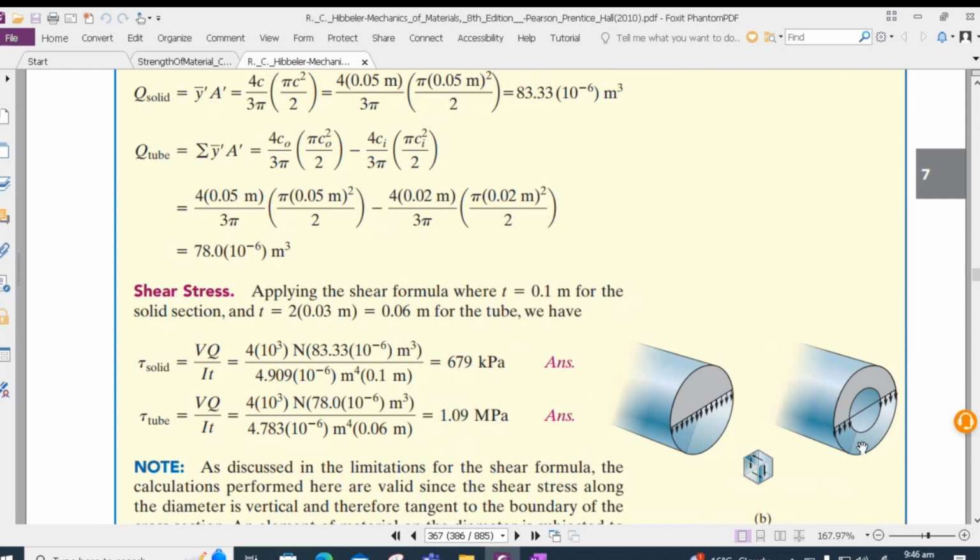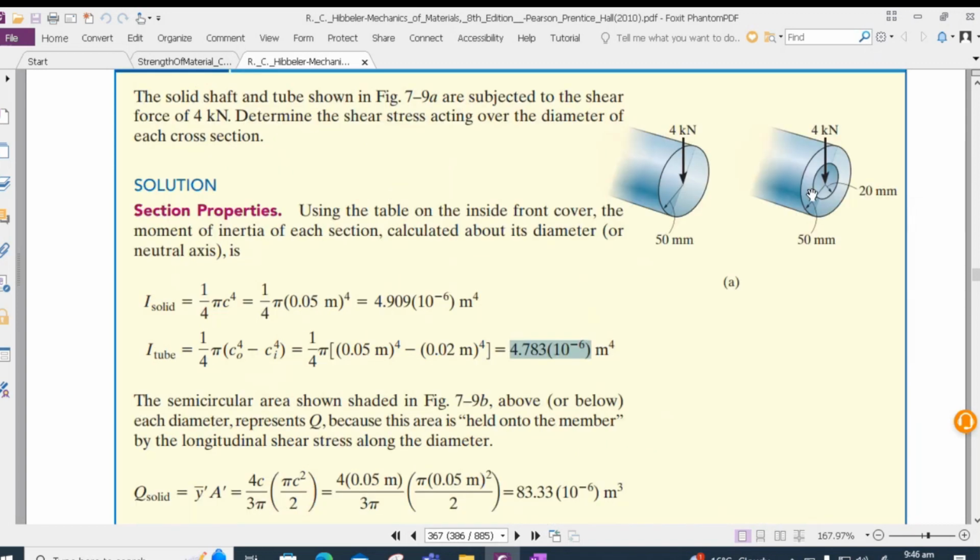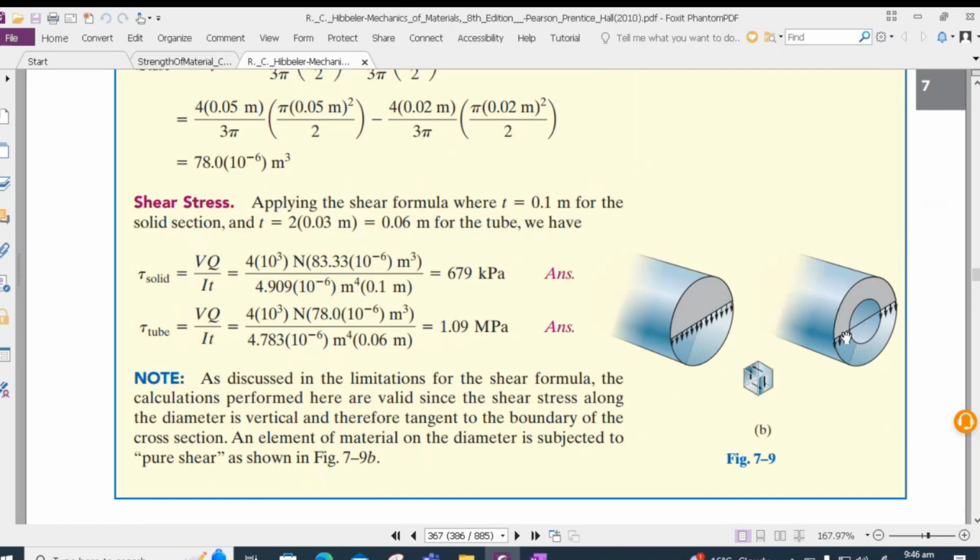In the case of the tube, we have this thickness t or B as twice the thickness of the tube. So this region is added to the other region and that gives us 0.06 meter. We plug the values again in the shear equation and get 1.09 megapascals.